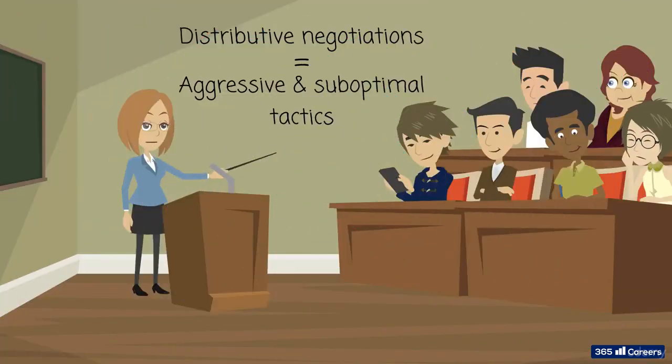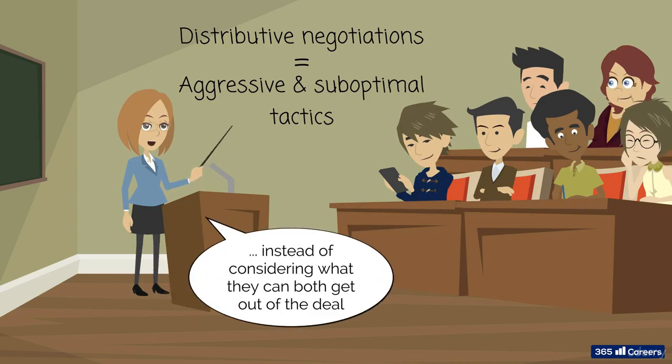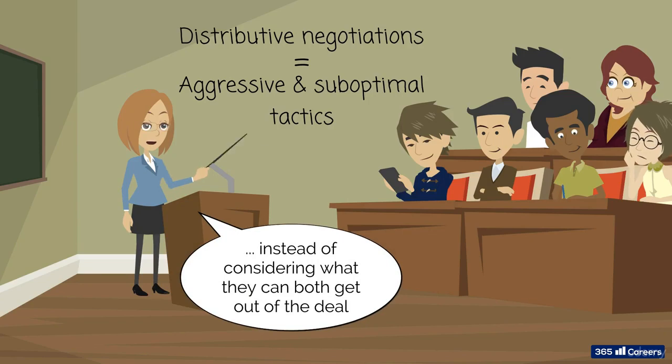In the academic circles, distributive negotiations are associated with aggressive and destructive bargaining tactics and suboptimal negotiation outcomes. This is because one of the consequences of perceiving a negotiation as a zero-sum game is that both parties tend to put a lot of focus on their differences, instead of considering what they could both get out of the deal.